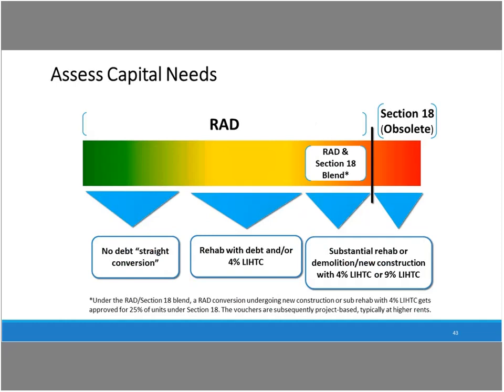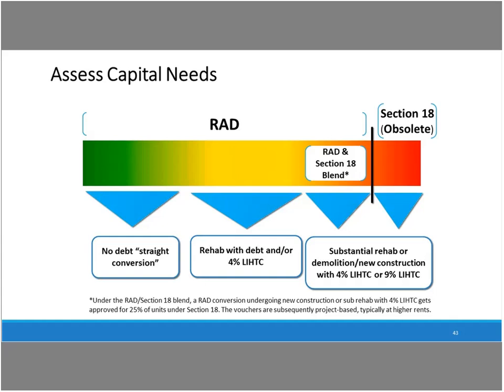So the bar which has the color from green to red is a bar that reflects the amount of capital needs. Green in this slide would illustrate a building that's in really good shape, so no capital needs or very little capital needed in this building. Continuing to the right through red, there's a significant amount of capital needs.